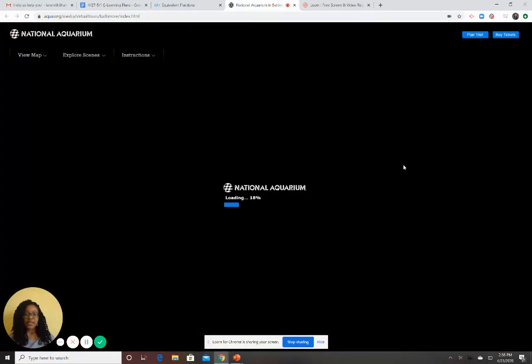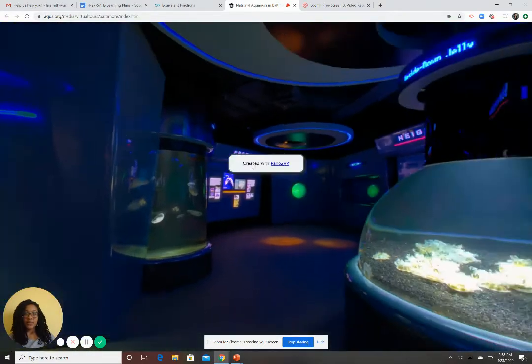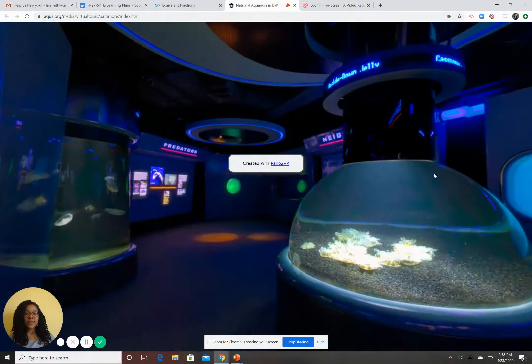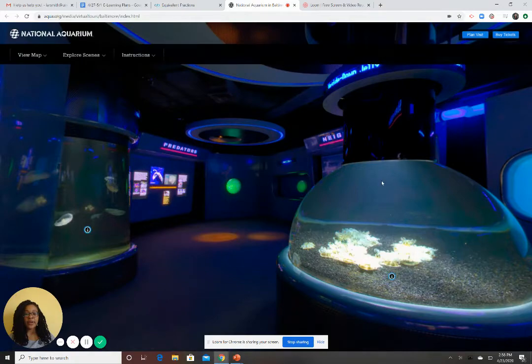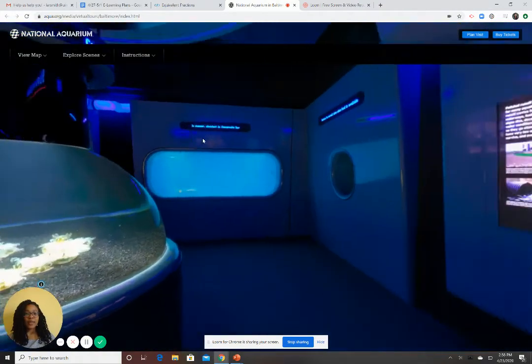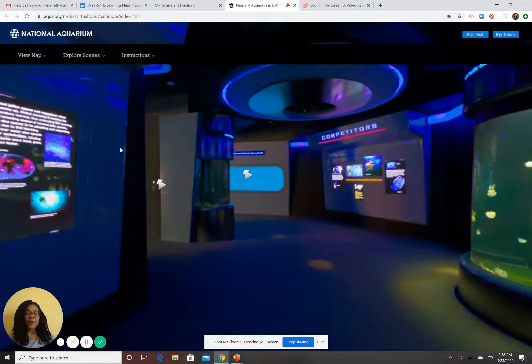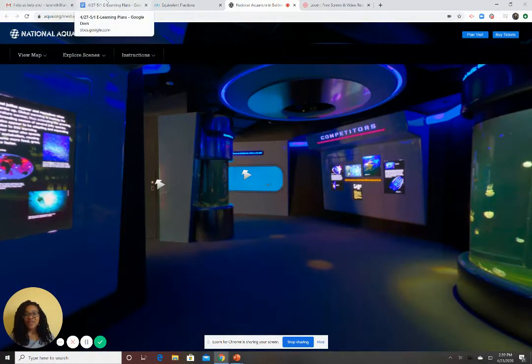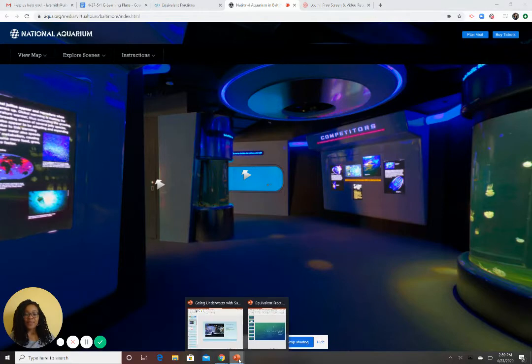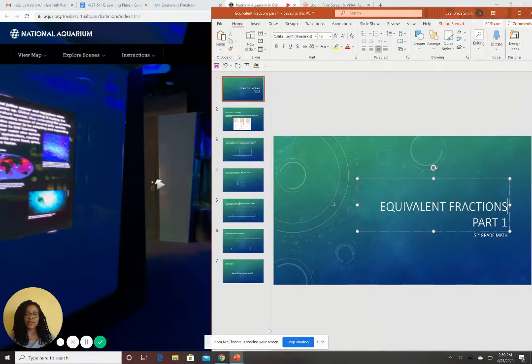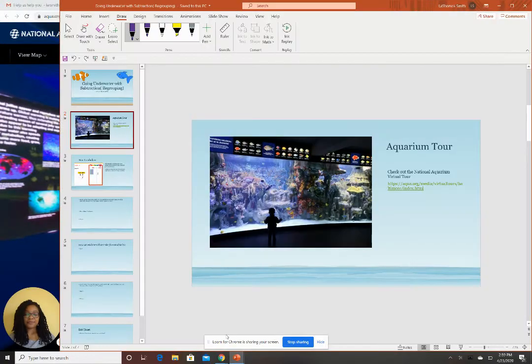And the jellies. So this is an example of what the exhibit at the aquarium for jellyfishes looks like. So super cool. Go ahead and visit it if you have any extra time, okay? So we'll get right back into our lesson.